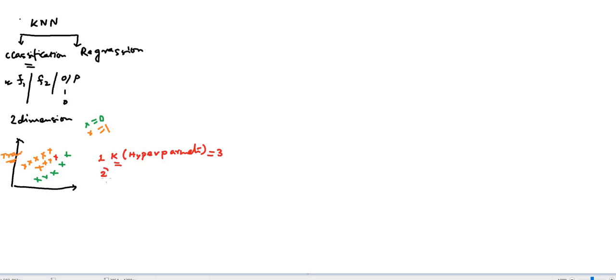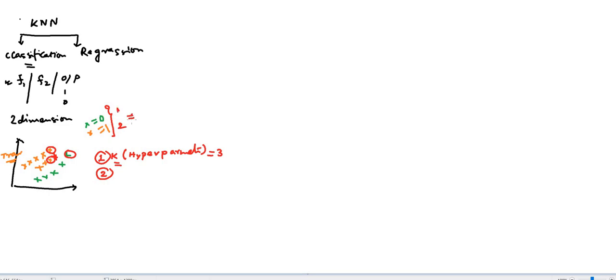And once we have this k value identified, it will check what are the 3 nearest points it has. So probably in this case it has this point nearer, this is nearer, and this is nearer. So that means from this perspective, we have 2 orange nearer and 1 green nearer.